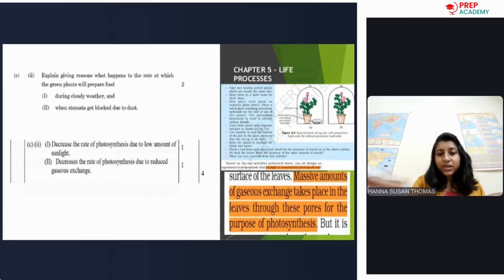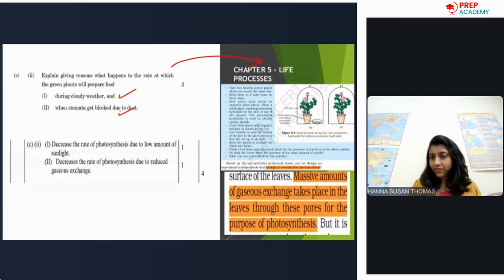The second C part question also comes under chapter 5, life processes only. So explain, giving reasons, what happens to the rate at which green plants prepare food during cloudy weather, when stomata get blocked due to dust.